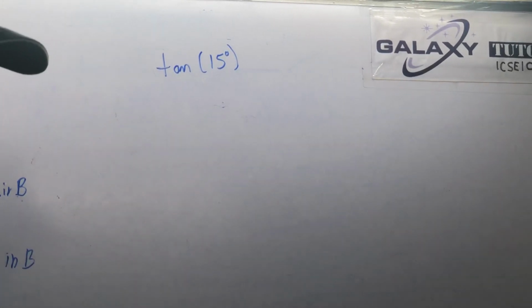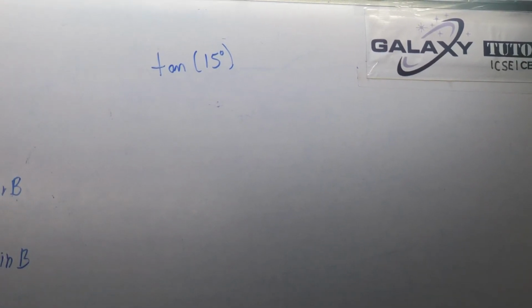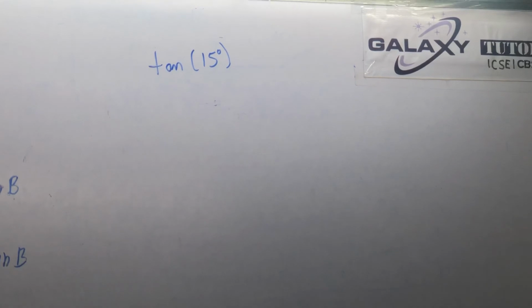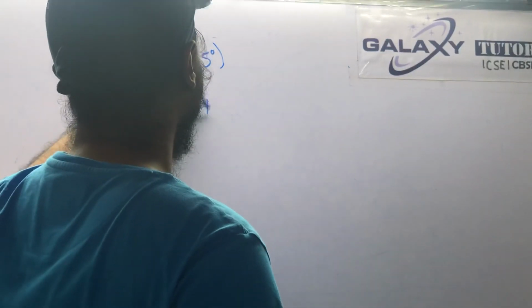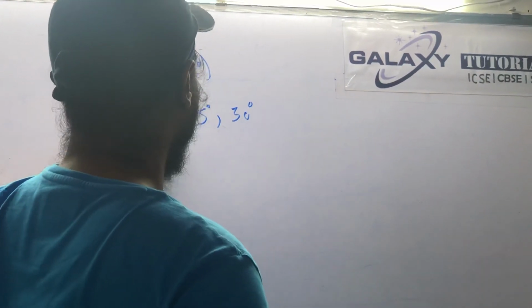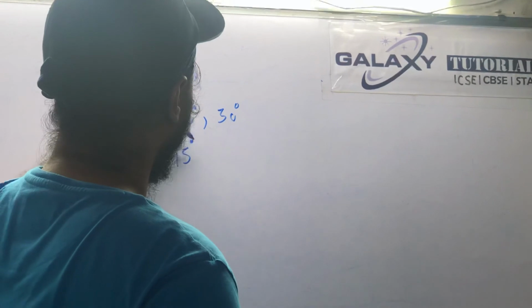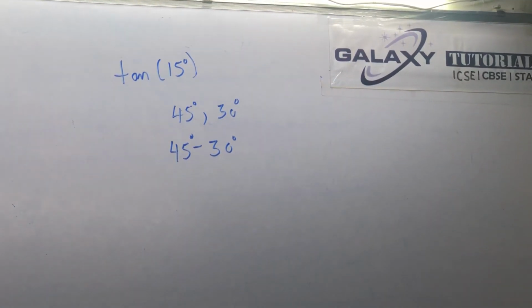So for 15, you know the values of tan for 0 degrees, 30 degrees, 45 degrees, 60 and 90. So which angles can you use to make 15 degrees? What is coming to my mind right now is 45 and 30. 45 minus 30 is how much? It is 15.